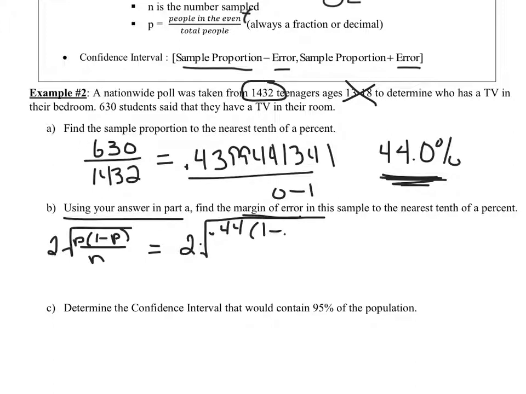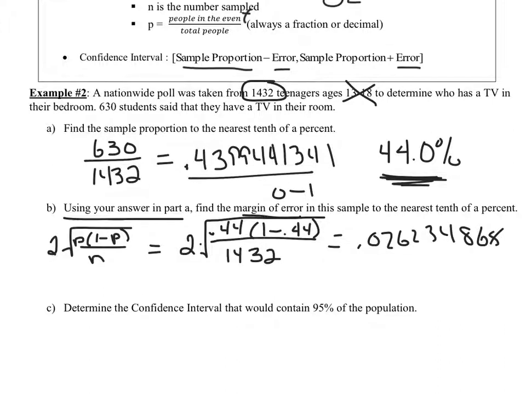Then 1 minus 0.44, divided by 1432. When I do that, I get 0.026653, and I multiply that by 100 to get my percent. So my margin of error is 2.6%.